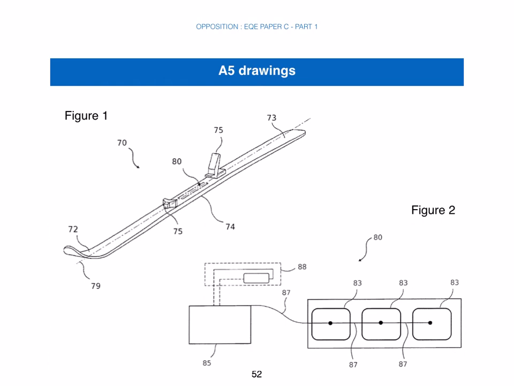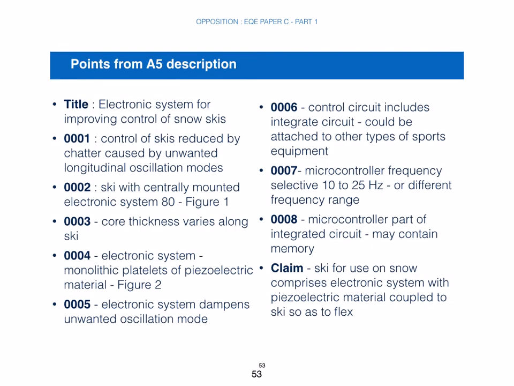Now we turn to A5's description. Title is Electronic System for Improving Control of Snow Skis. Paragraph 1, control of skis is reduced by chatter caused by unwanted longitudinal oscillation modes.